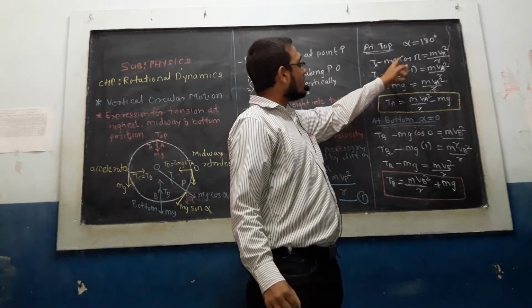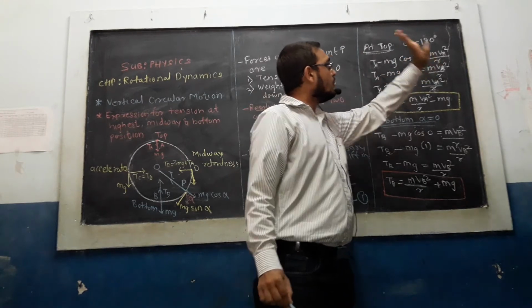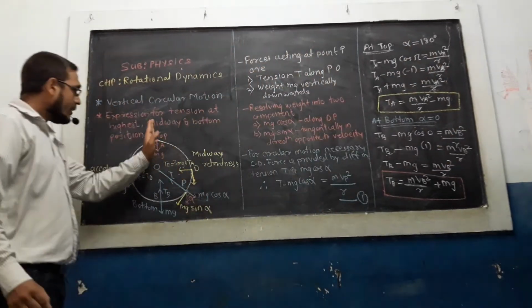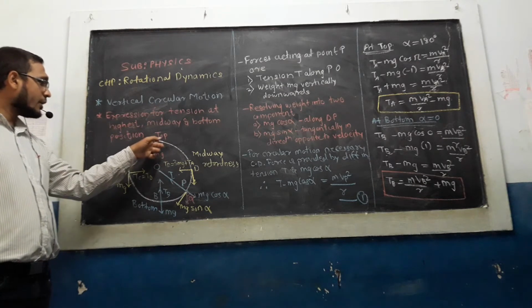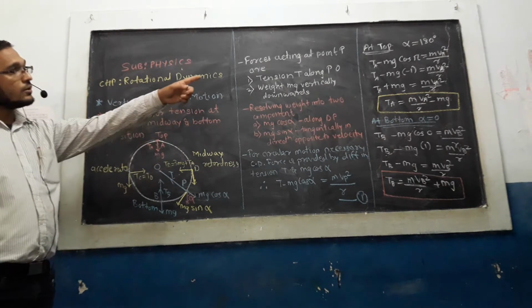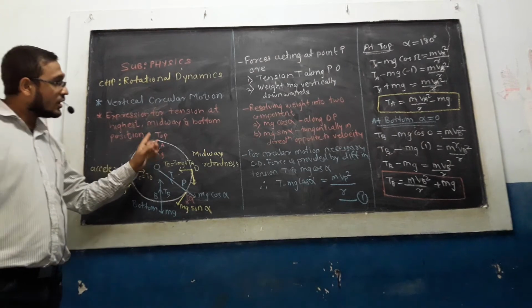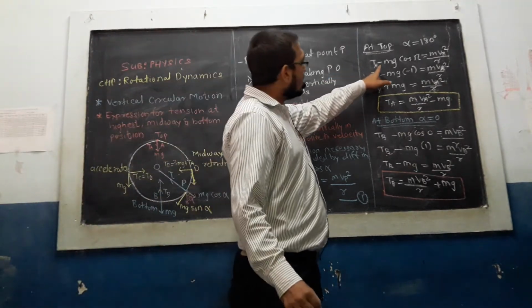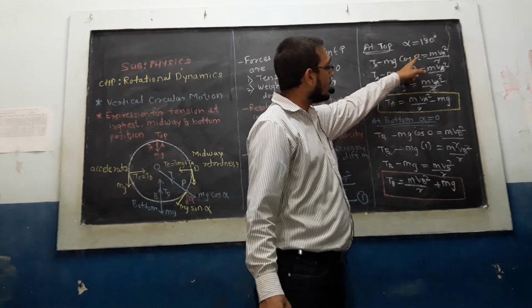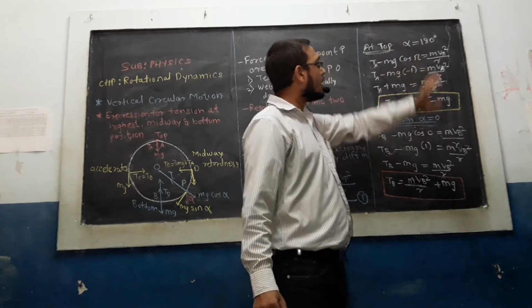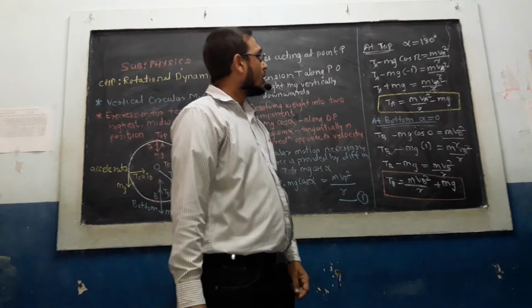So TA minus mg cos alpha equals mVA square upon r, because at the top we denote by letter A, the velocity at top is VA and the tension is TA. But what is alpha? It is 180 degrees, that is pi, so cos pi.